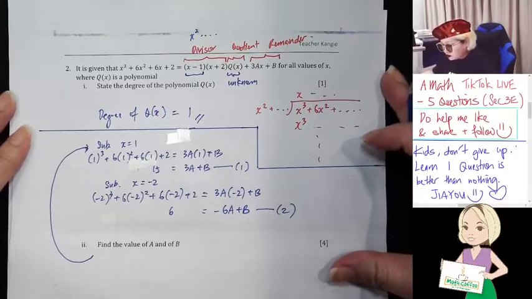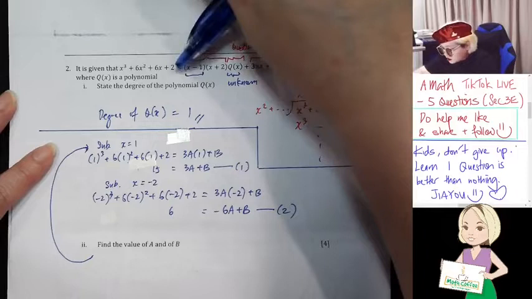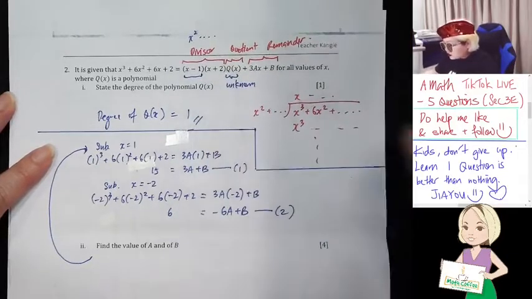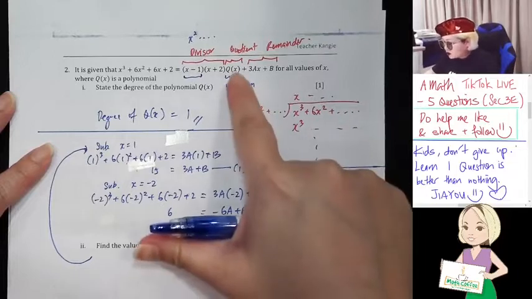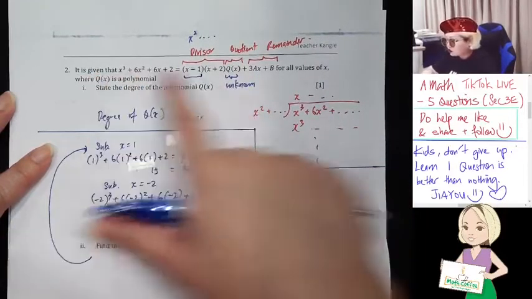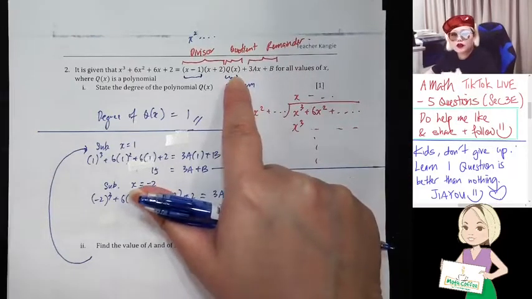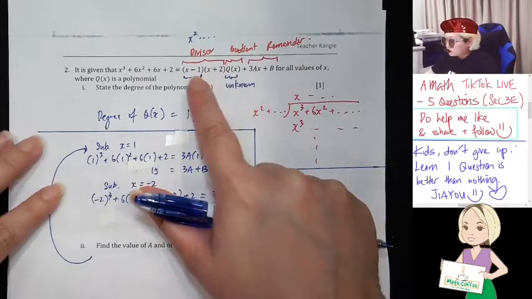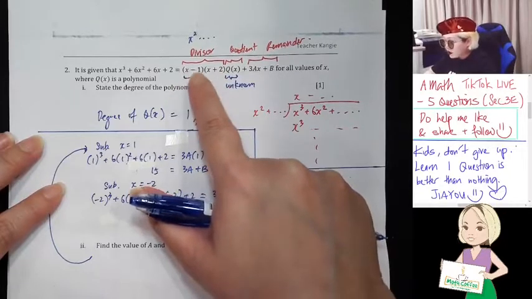Which part you don't understand? Negative 2 is because, look at this bracket over here. Remember, this qx polynomial is unknown. So if you want to form an equation, I need to get rid of this qx. So I need to sub a suitable value to make qx disappear. Look at these two brackets. If I sub x equals to 1, 1 minus 1 equals to 0.